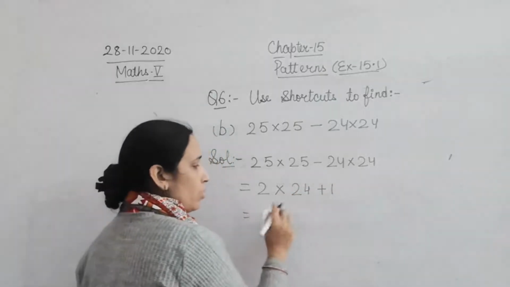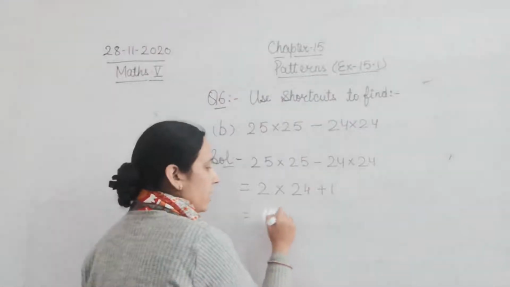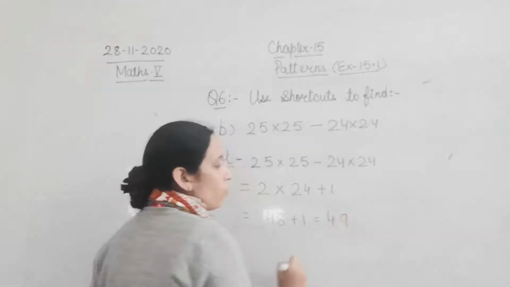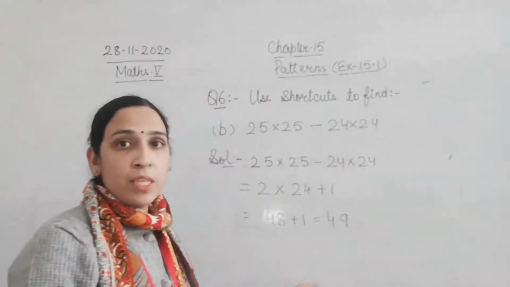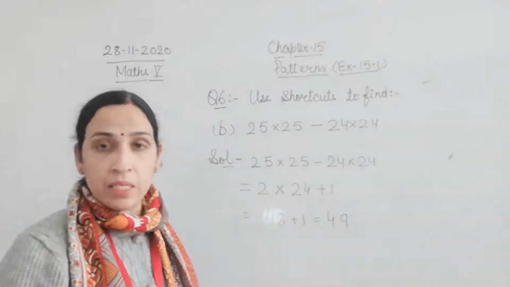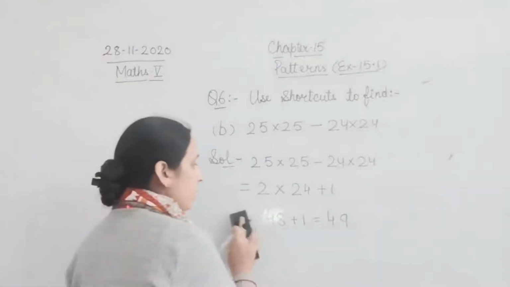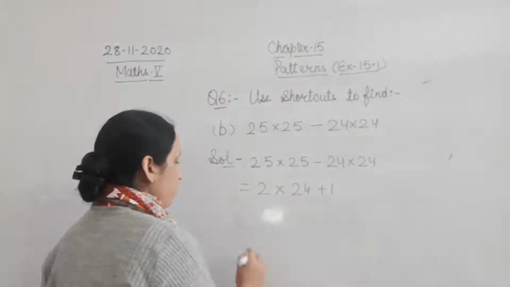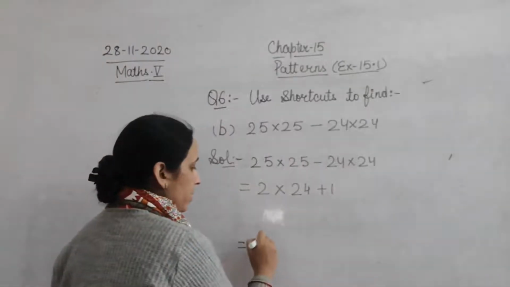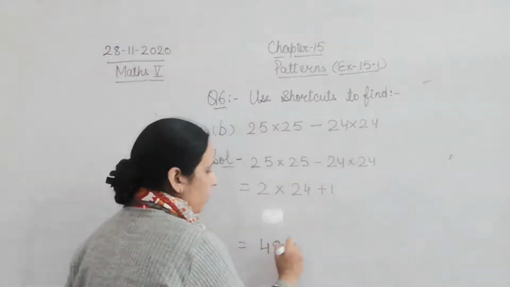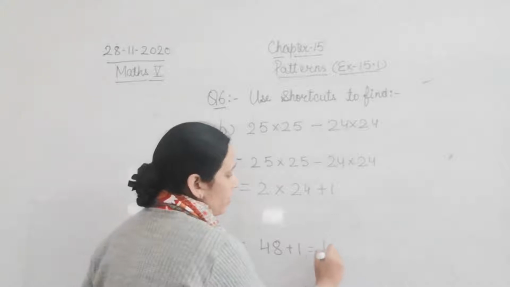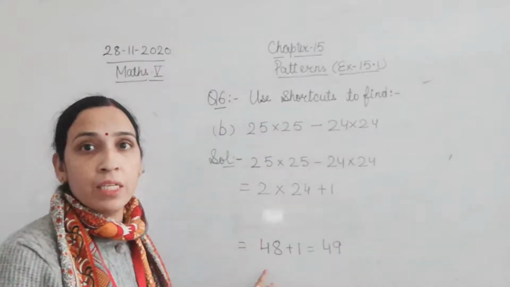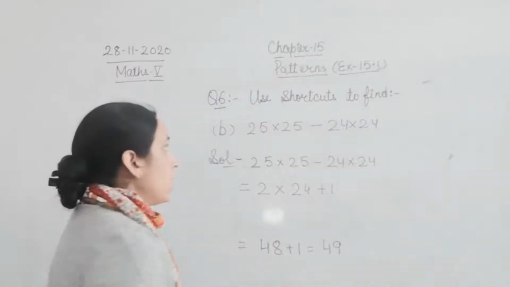So 2 into 24 becomes 48 plus 1, and here you will get the answer 49. So this is the shortcut method to find the solution of this.